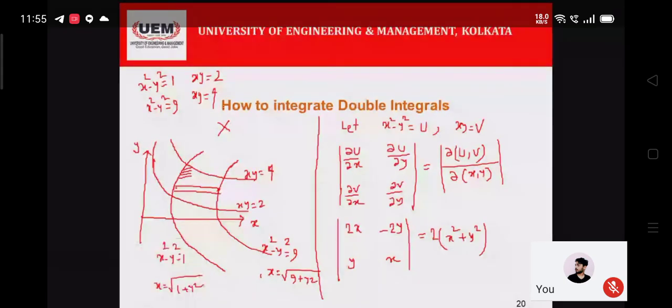So if I represent this in a uv plane, suppose this is my u axis and this is my v axis, u equals 1 maybe this point and u equals 9 maybe this point. So this is a straight line parallel to the v axis, and v equals 2 maybe this point, v equals 4 maybe this.